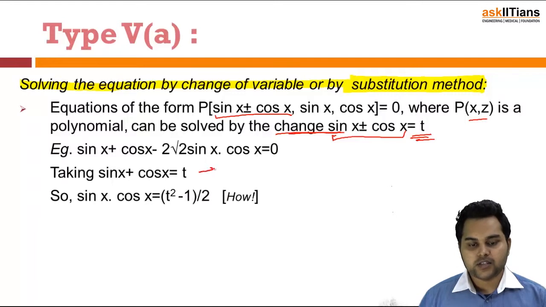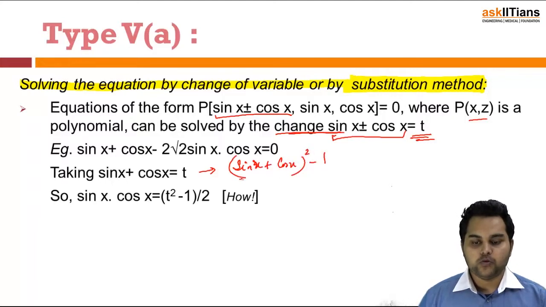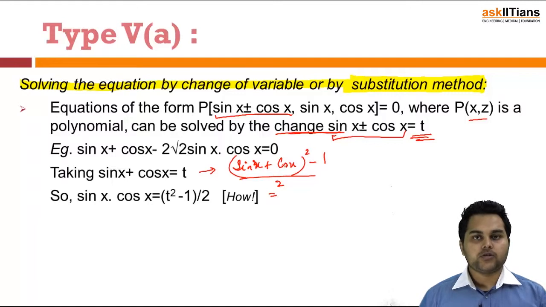The reason is very simple. If I put sin x plus cos x being equal to t in t square minus 1 over 2, it would give me sin square x plus cos square x plus 2 sin x cos x minus 1, all over 2. Now sin square x plus cos square x is 1, that would cancel out with the numerator's negative 1.